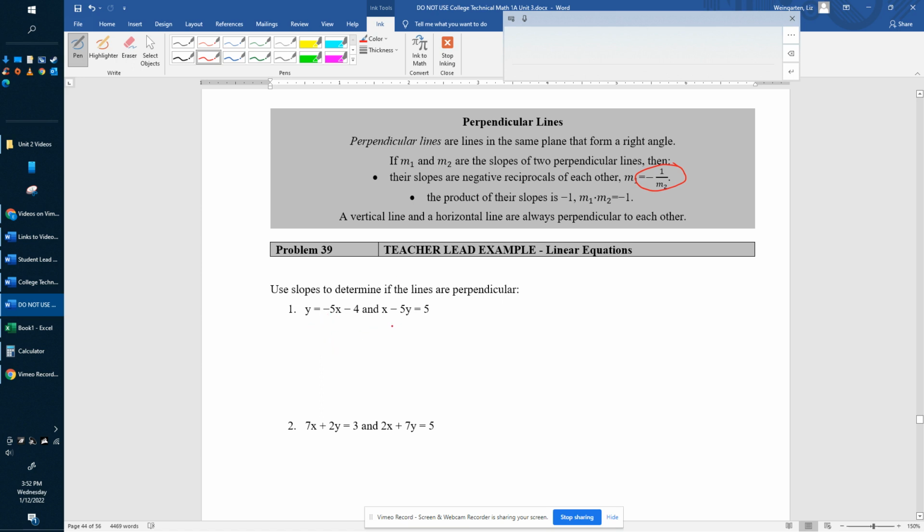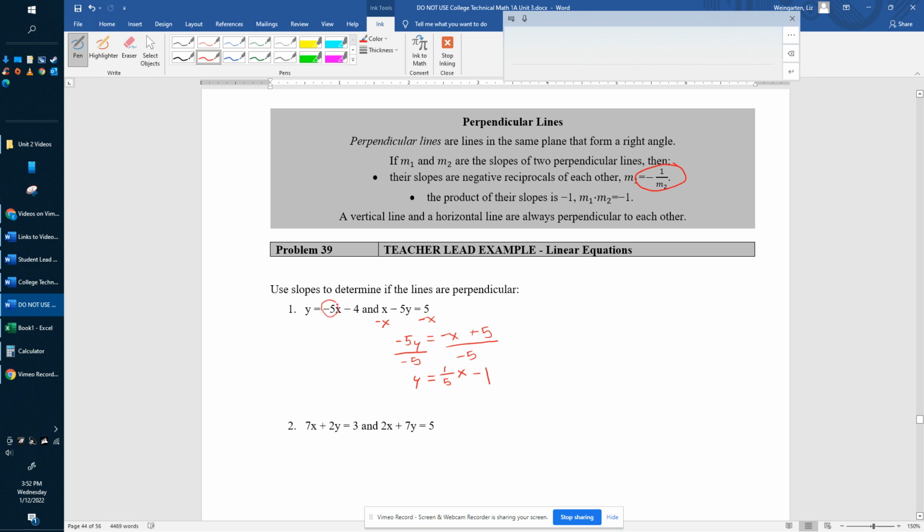Again, we're going to want to solve for y. So I'm going to subtract x from both sides. We get -5y equals -x plus 5. Divide both sides by -5. And we get y equals negative divided by a negative is a positive 1/5 x minus 1.